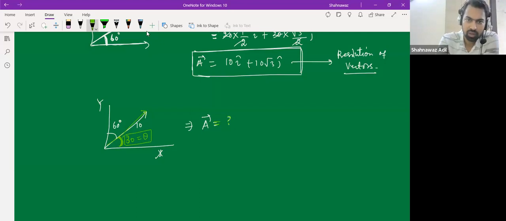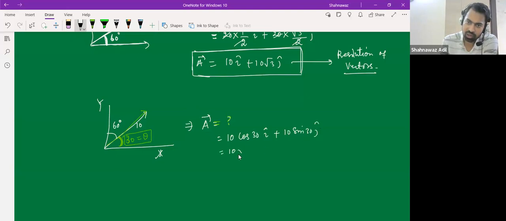Yeah, so 10 cos, absolutely right. So 10 cos and 10 root 3 by... Yeah, so this is as you say. 10 cos 30 i hat plus 10 sin 30.